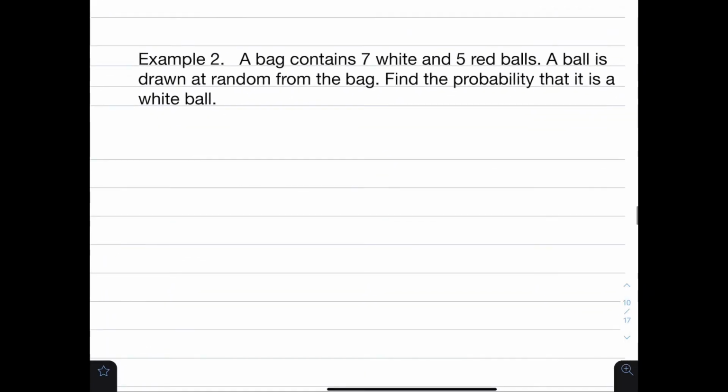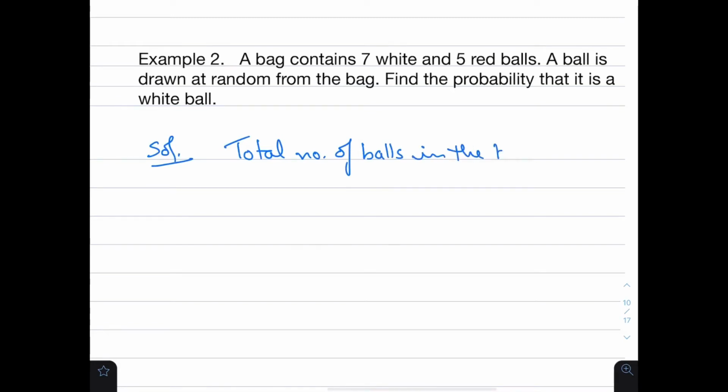Second question. A bag contains 7 white and 5 red balls. A ball is drawn at random from the bag. Find the probability that it is a white ball. So first, total number of balls in the bag equals 7 plus 5 equals 12.